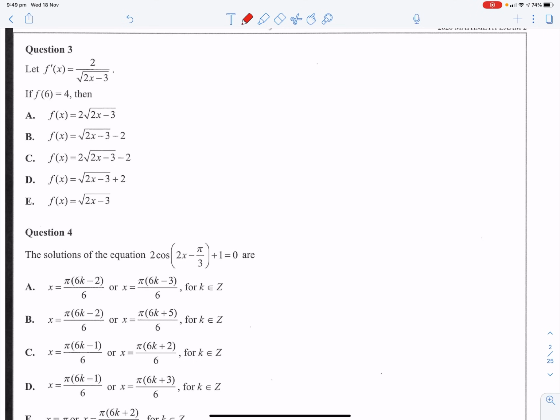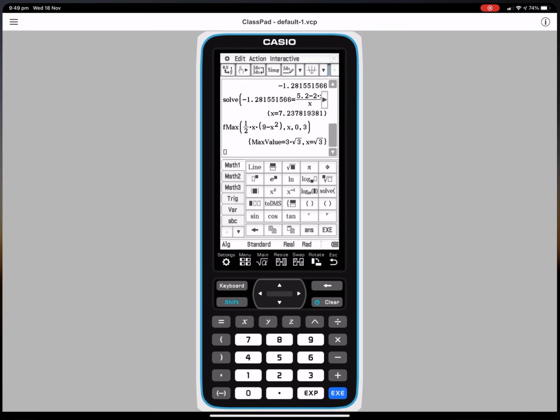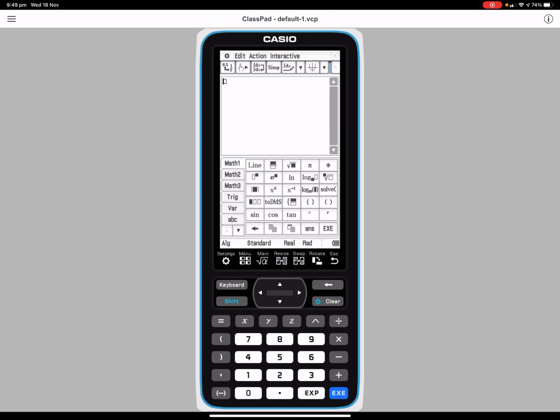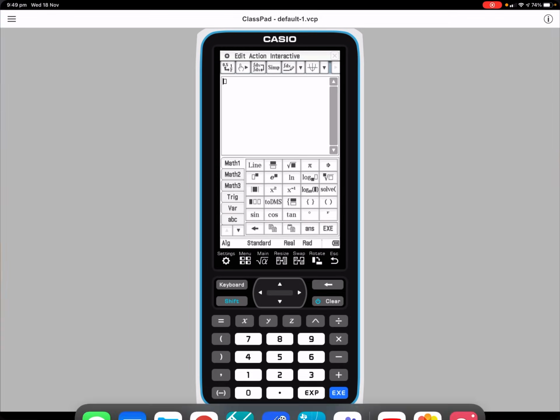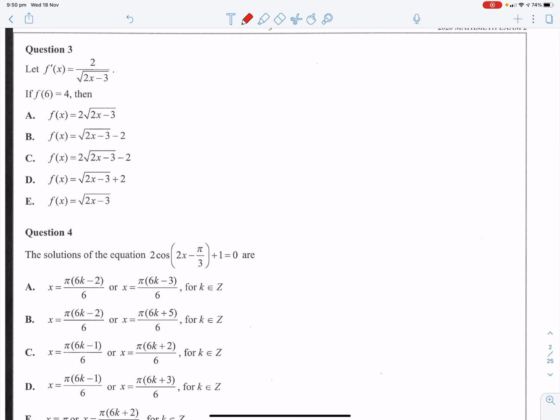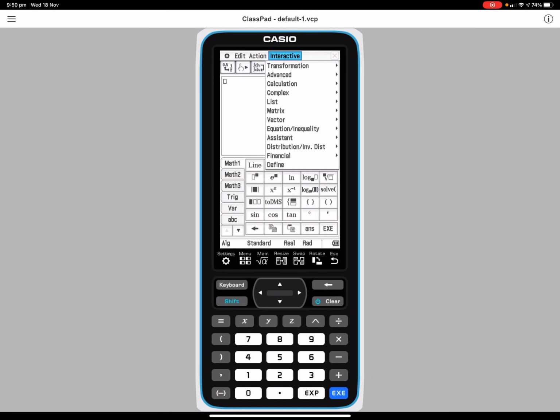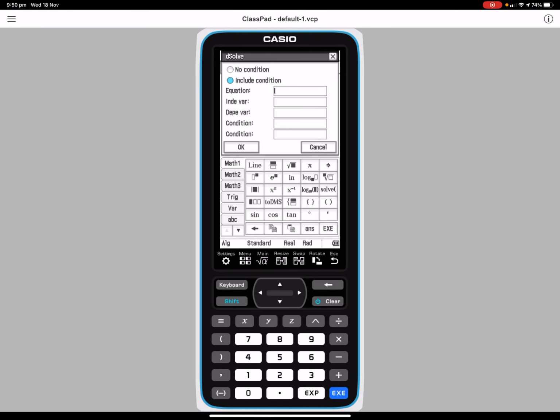I've got a derivative and I want to anti-diff it. And I know when x is 6, y is 4. So solve y dash is equal to, I need a paper copy next to me, 2 root 2x minus 3.